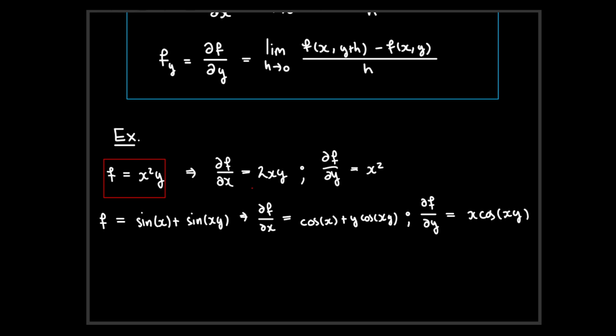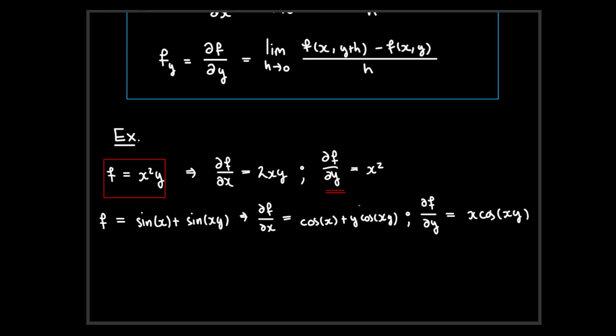And so that's why you get this 2xy here, because y is treated as a constant. Then, on the other hand, if we compute the partial derivative of f with respect to y here, this would treat x as a constant. And now here's maybe something interesting. If x is a constant, then of course x squared is also a constant. So this is really just a constant times y. So when we compute the derivative with respect to y, it's just going to give us that constant x squared.